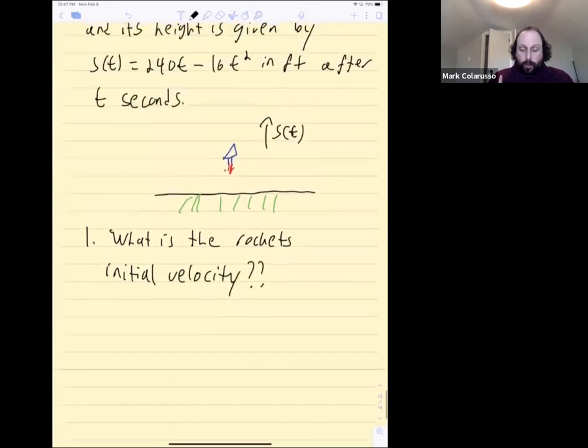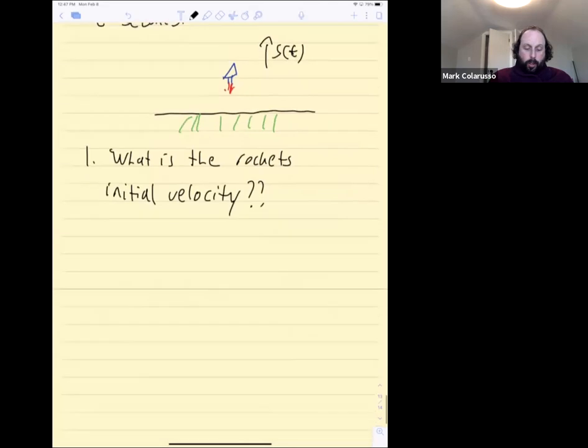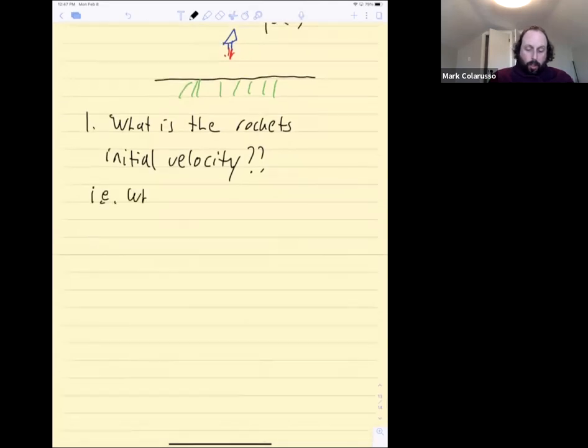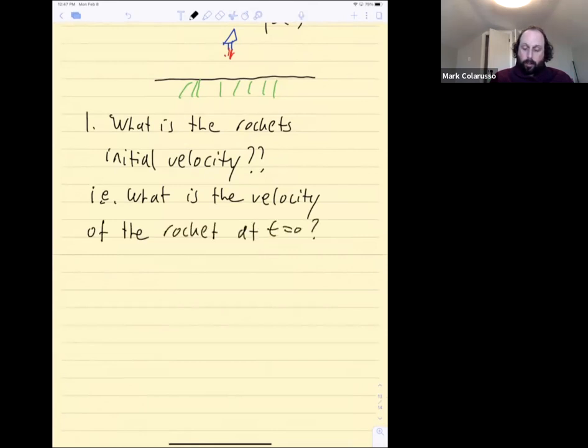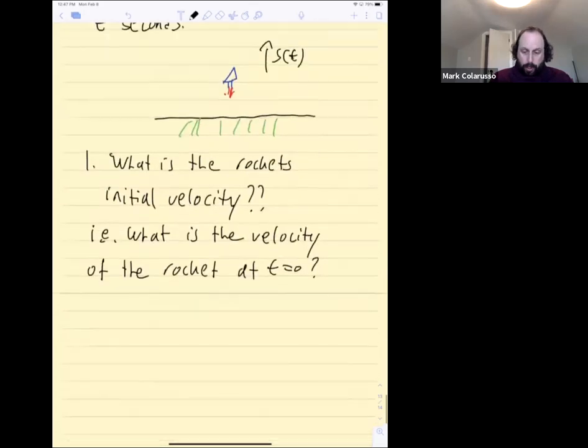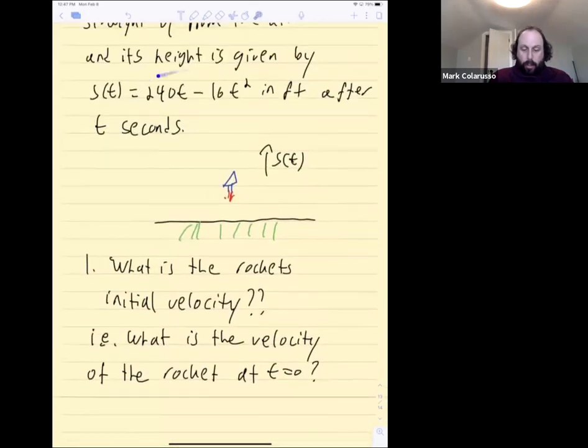Okay, so initial velocity means the velocity at t equals 0, i.e., what is the velocity of the rocket at t equals 0? So to do this, we need to take the position function, right? Differentiate it, get the velocity function, and then plug in 0 to see what we get.